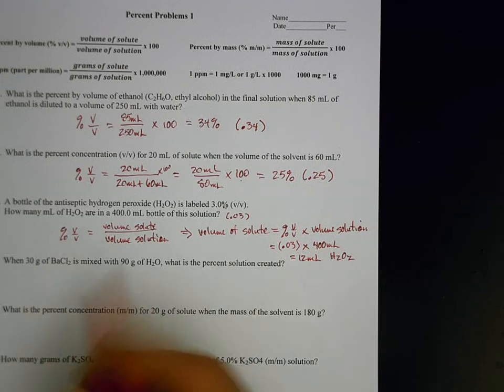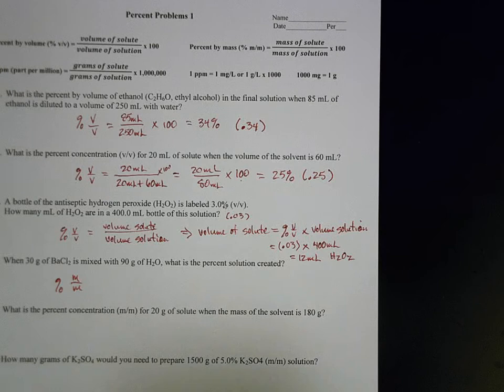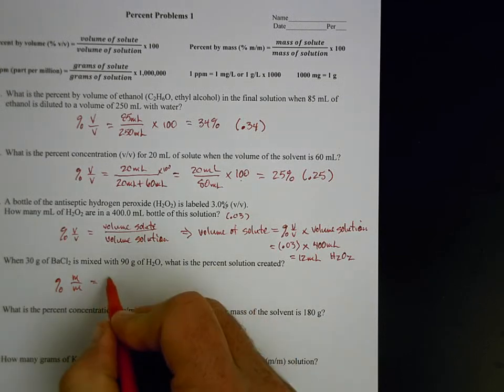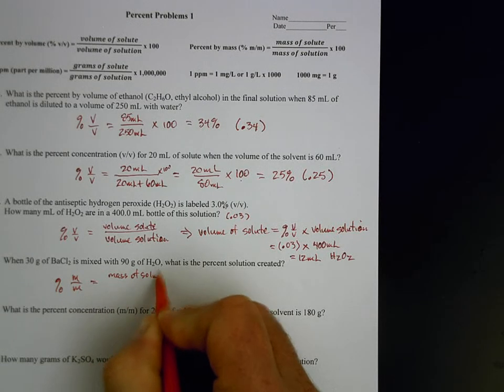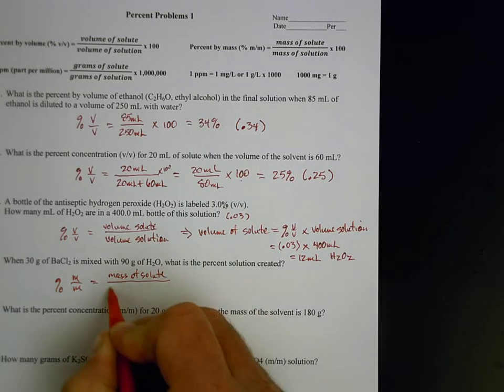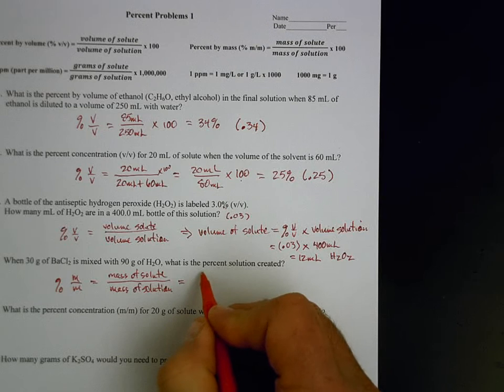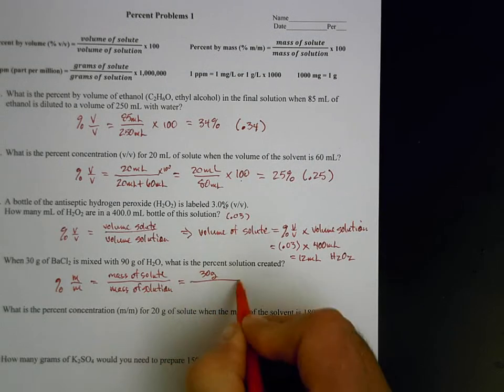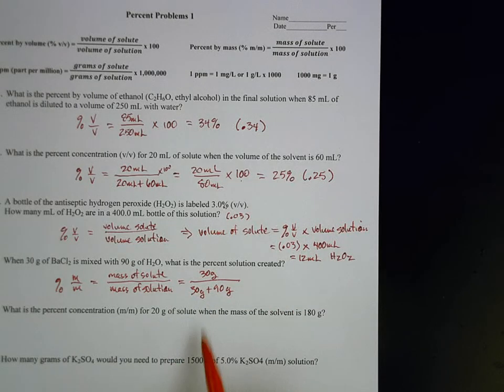The only difference is this is percent mass over mass, so it's percent mass, which is going to be the mass of solute and then the mass of solution. So in this case, it's 30 grams over 30 plus 90 grams. The solution is both the solute and the solvent.